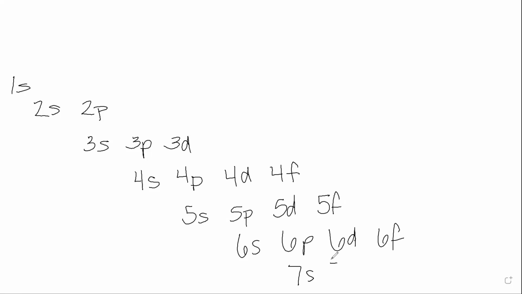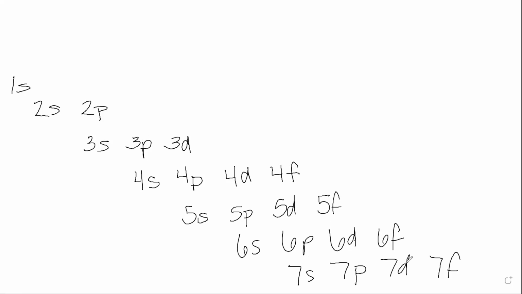Lastly, level 7 has 4, S, P, D, and F. So notice that level 1 has S, level 2 has S and P, 3 SPD, 4 SPDF, 5, 6, and 7 SPDF. So each of these has a level number and then a sublevel. And notice that they're all indented and lined up in straight lines. That's why it's important that you line these up or you're going to mess it up.